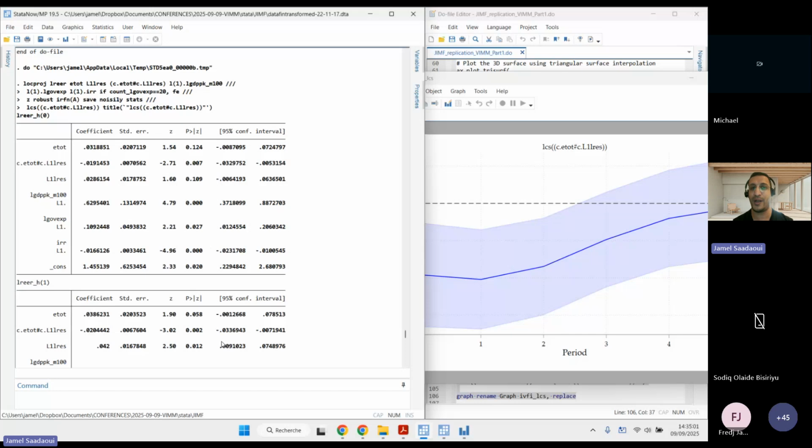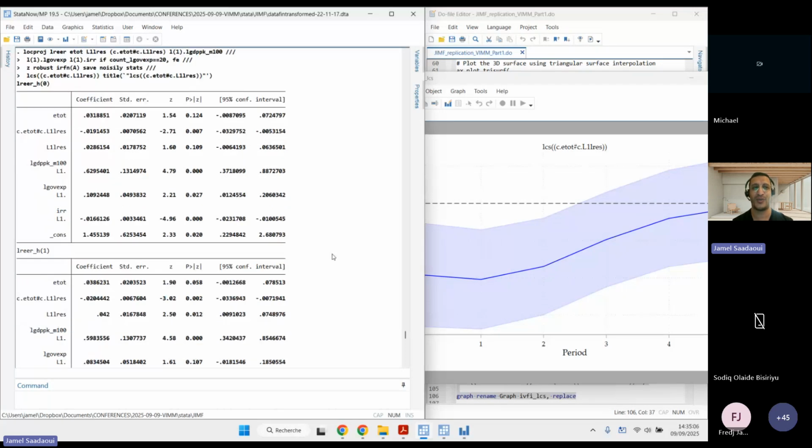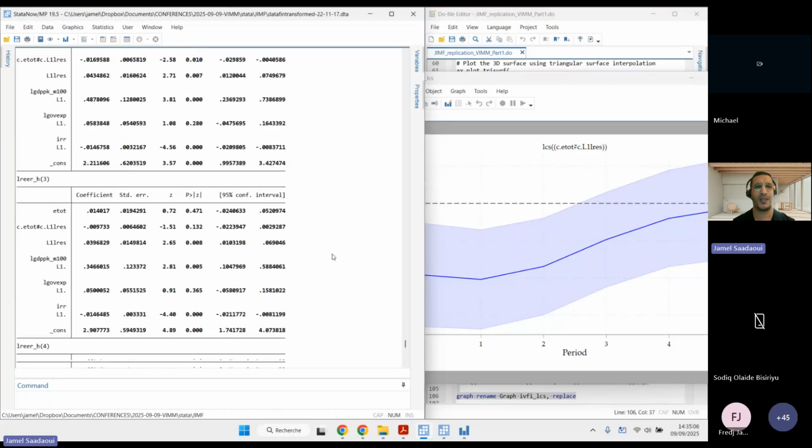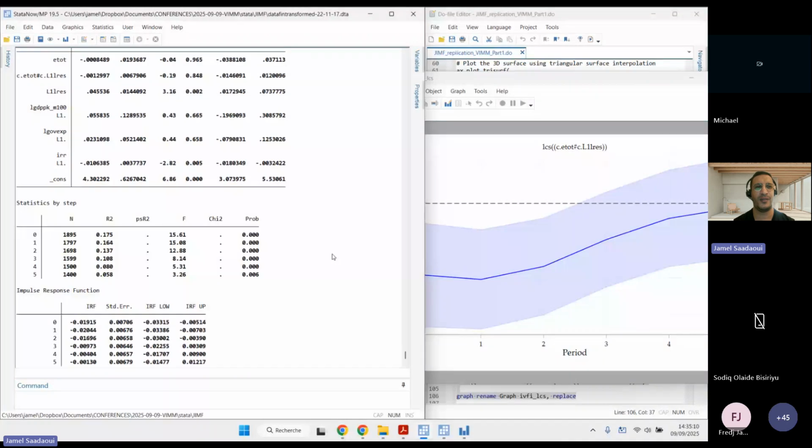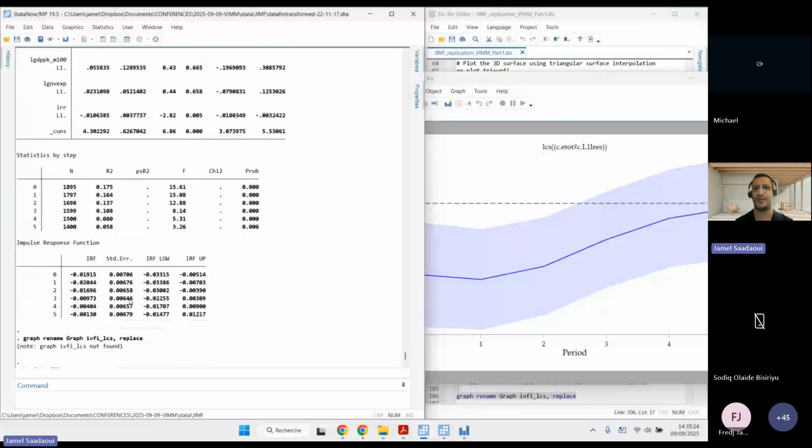It's truly an OLS regression at each horizon. What is very nice in the package of Alfonso Ugarte Ruiz is that you have the number of observations available at each horizon, you have the R squared, you have the F stat, and then you have an impulse response function, which is here. And this corresponds to what you have here.